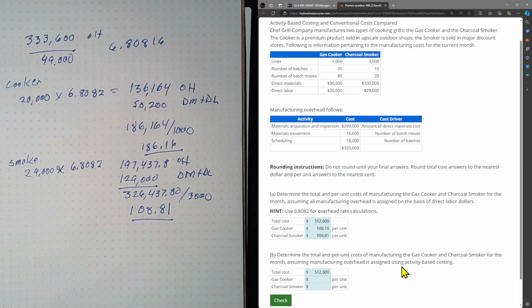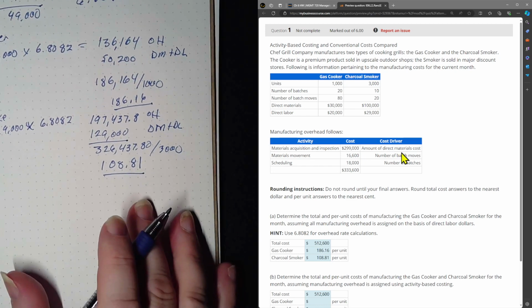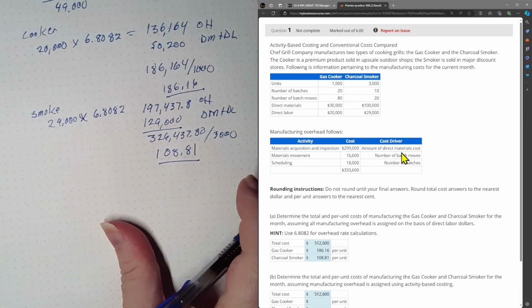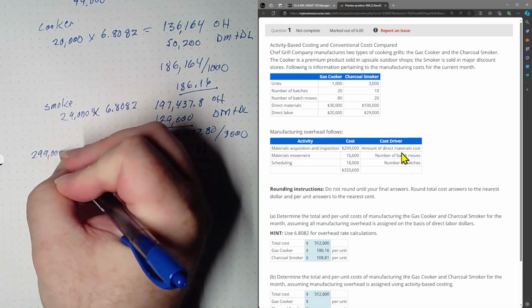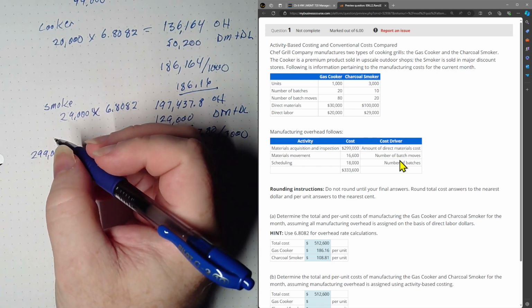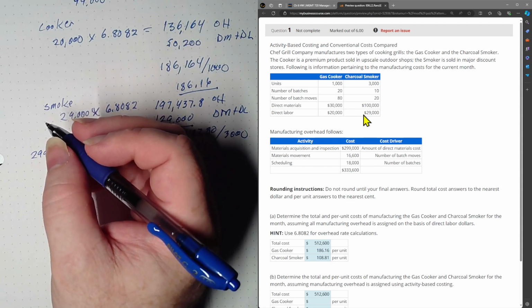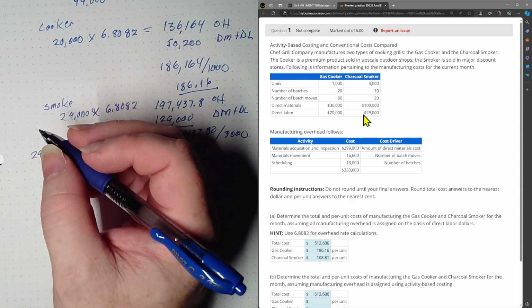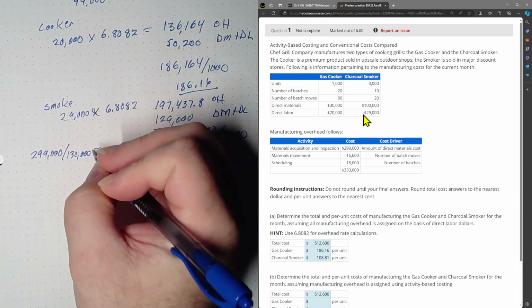Now, the second way we're going to do it is by activity-based costing. And there are three activities: materials acquisition, material movements, and scheduling. The first one's based upon direct materials cost. So let's figure out our rate for each activity. Our rate for this first activity is 299,000 divided by the total amount of direct materials, which is 130,000.